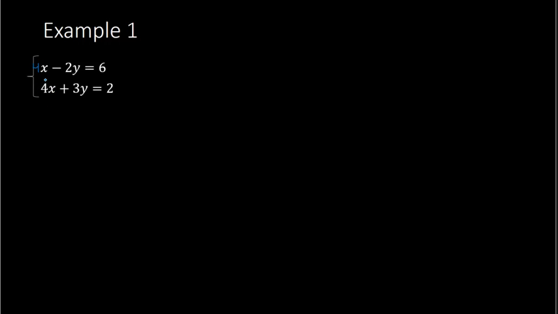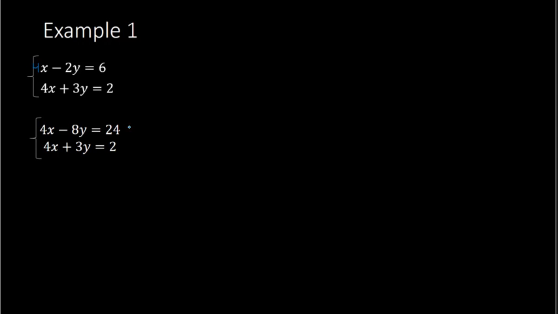So I make this into a 4x by multiplying the entire top equation by 4. So I have 4 times x, 4 times negative 2y, and 4 times 6. I'm going to have 4x, 4 times negative 2 is negative 8, and 4 times 6 is 24.